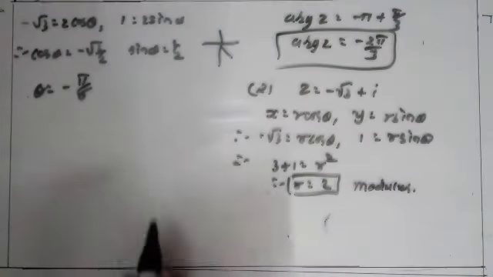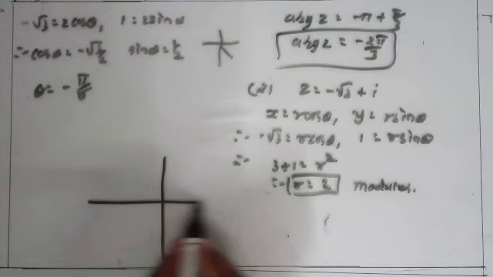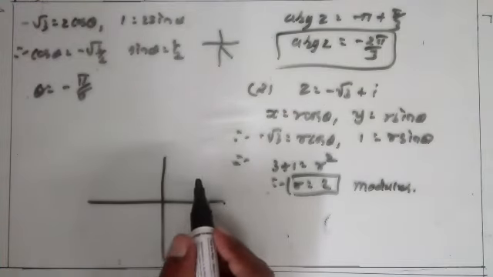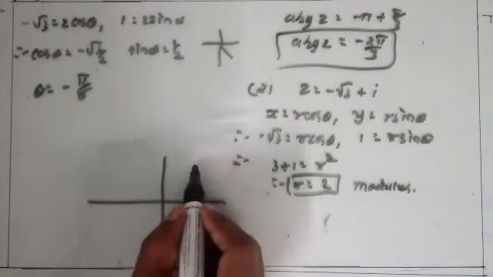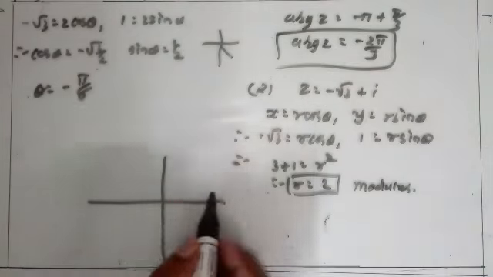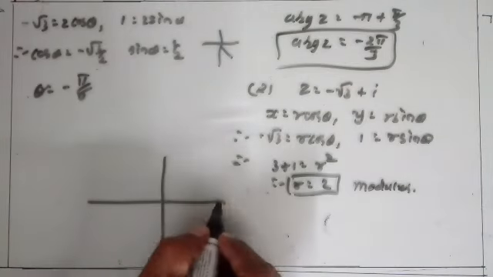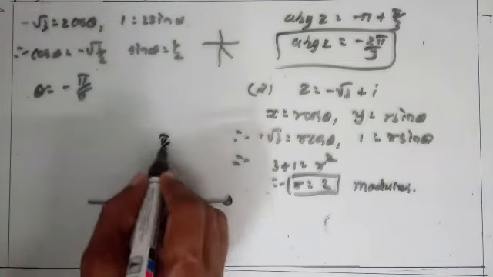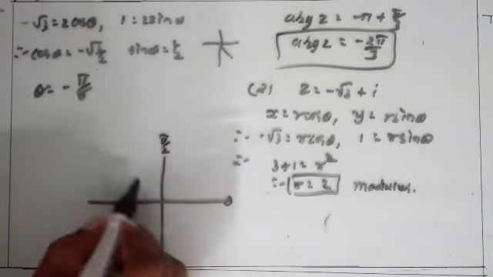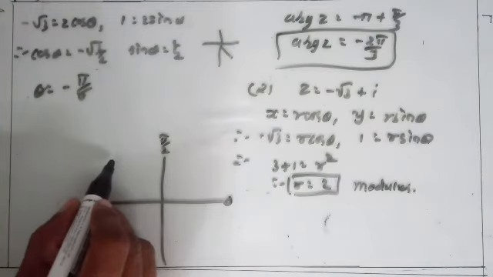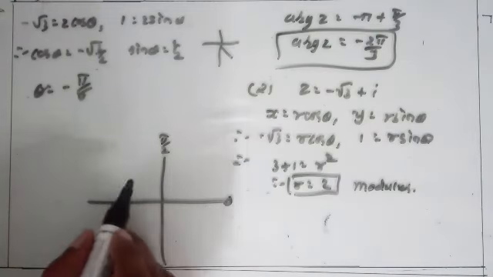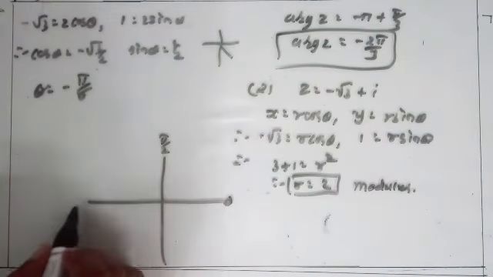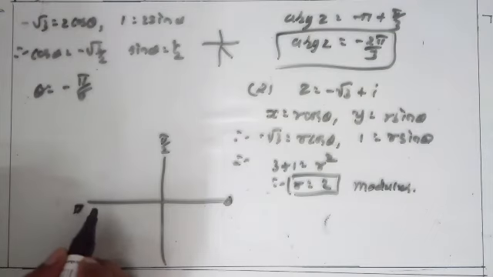Clear? Remember this here. If x, y lies in the first quadrant, then we take theta in 0 to pi by 2. If theta lies in the second quadrant, then we take theta from pi by 2 to pi. Clear?